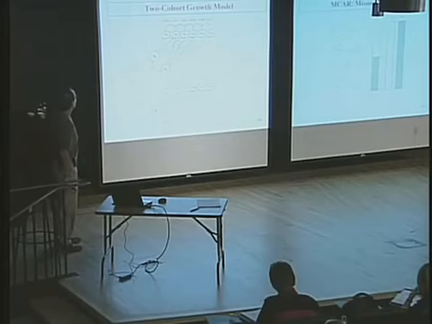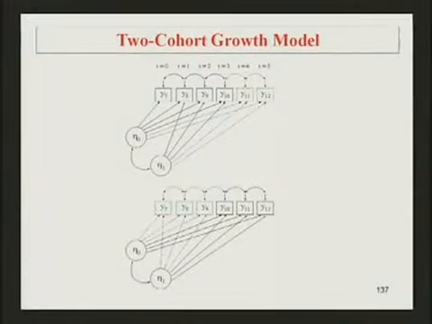And of course, in the two cohort growth model here, you can have a situation where one cohort is not measured on Y11 and Y12. So the broken arrows here represent missing, whereas for another cohort you have missing at the early grades. And it's a random selection, so maybe MCAR holds.